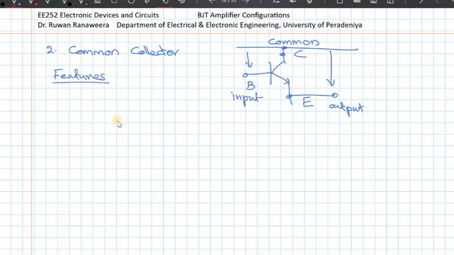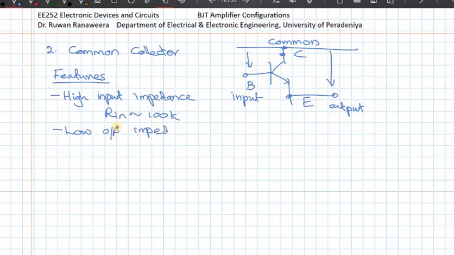So some of the features about this. A common collector circuit has a very high input impedance, in the range of about 100K, rather high, and very low output impedance, or output resistance, in the range of 100 ohms.